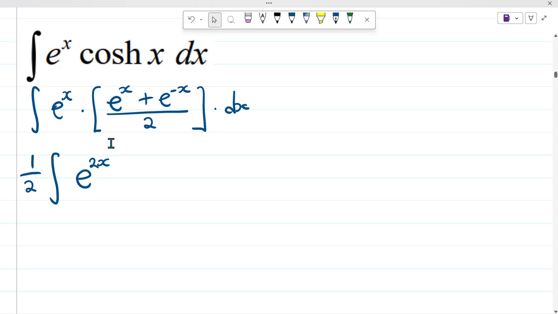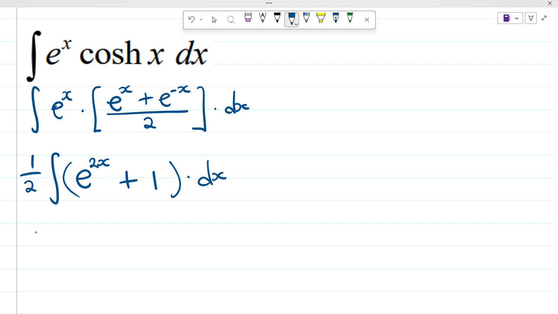So x and x add to become 2x. Then plus e to the power x multiplied by that is just going to be e to the power 0, which is the same as 1, right? And then you integrate this with respect to x. So now we're integrating, right?